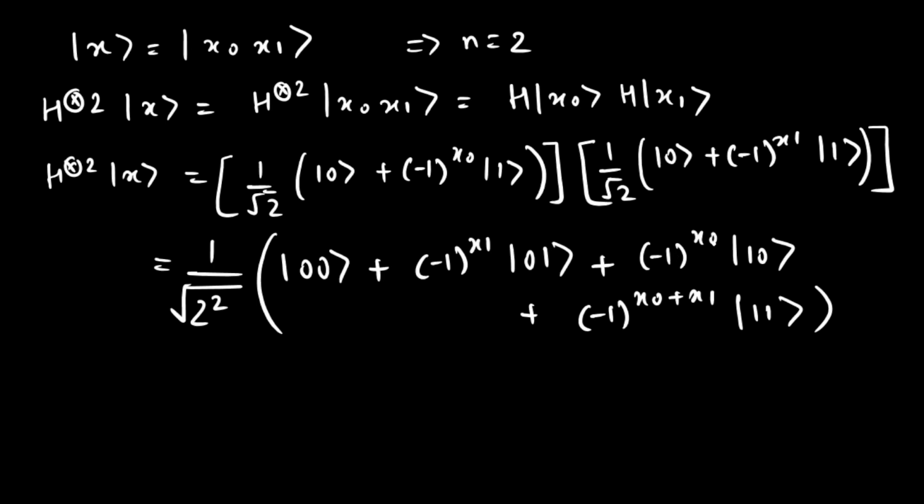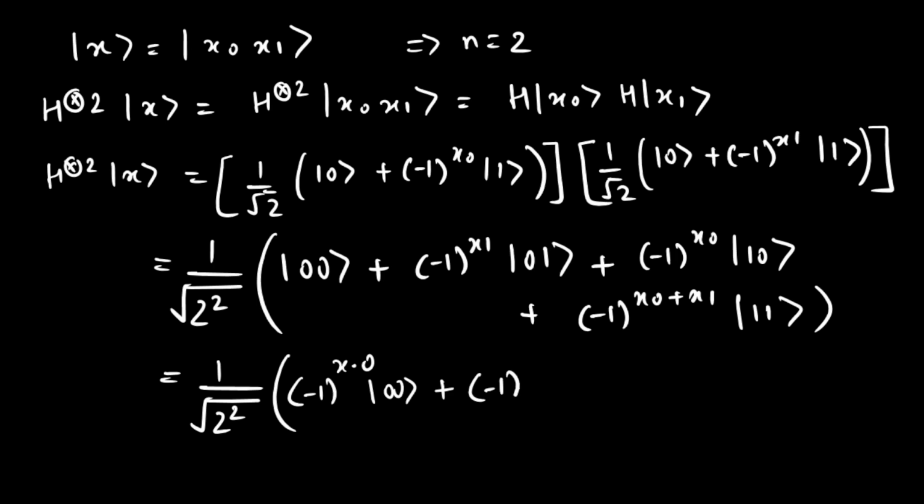So we can write these powers of minus 1 in a more general way. Since there is no power of 1 here, we can write minus 1 raised to x dot 0 0, which would be 0, which will result in 1 here. Similarly, x1 can be written as minus 1 raised to x dot 0 1, for the state 0 1.